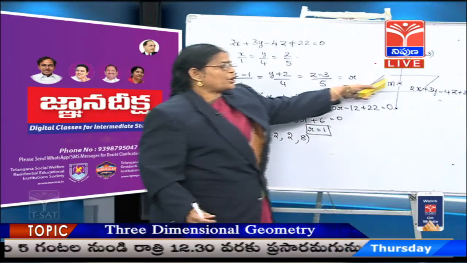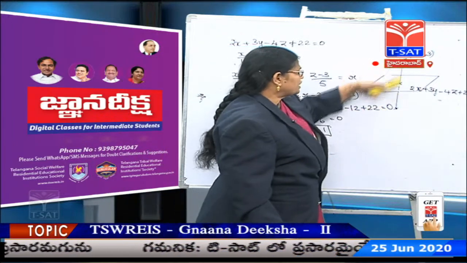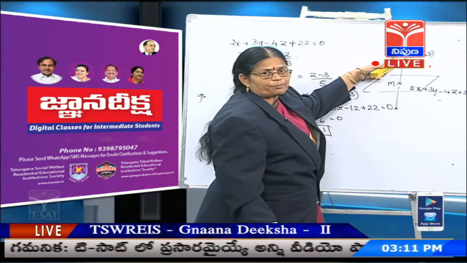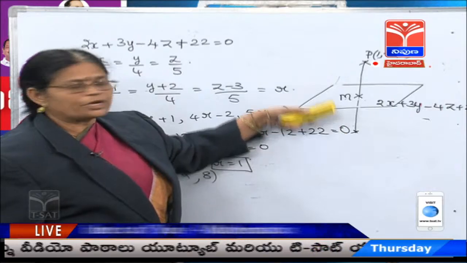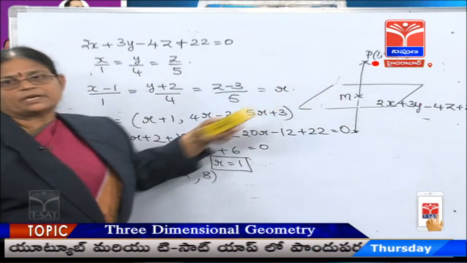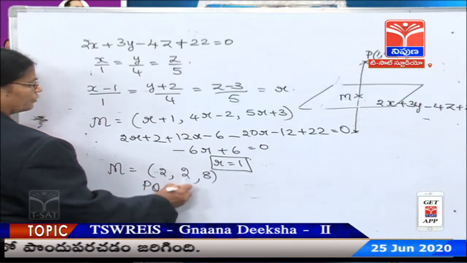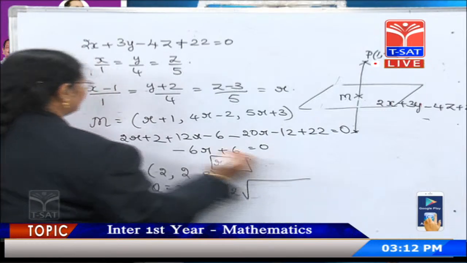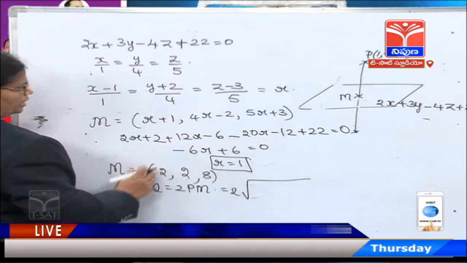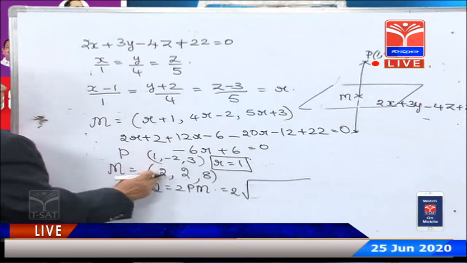We want the distance PQ, and you know that if Q is the image of P, M will be the midpoint and PQ is double the distance. So if you find out PM distance, twice that will be the distance PQ. So, PQ equals 2 PM, which is 2 root of: P point is (1, -2, 3) and M point is (2, 2, 8).